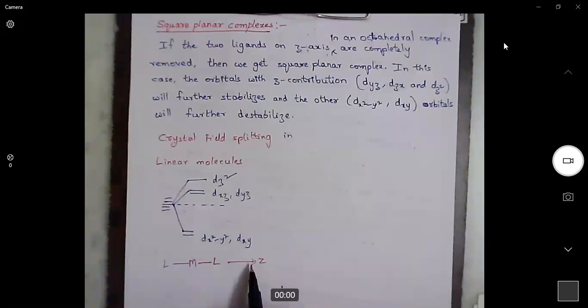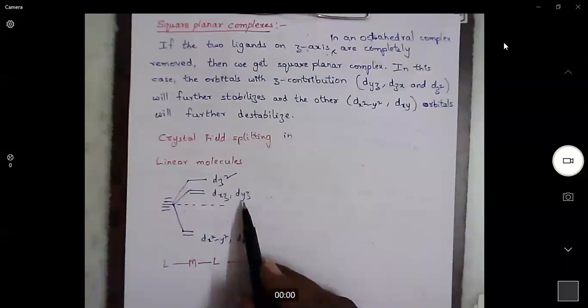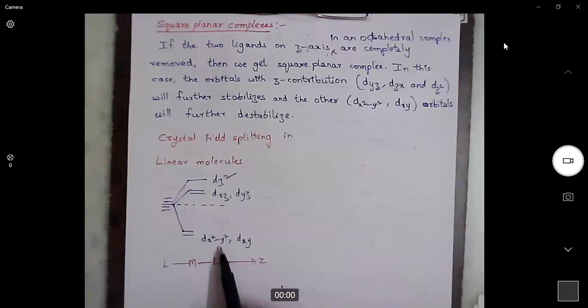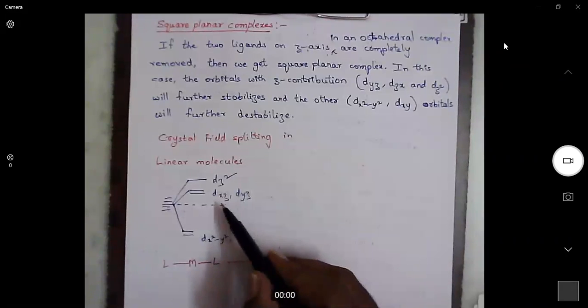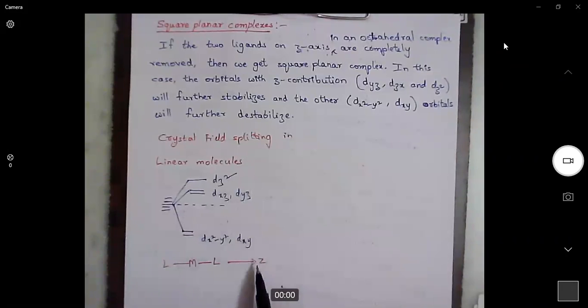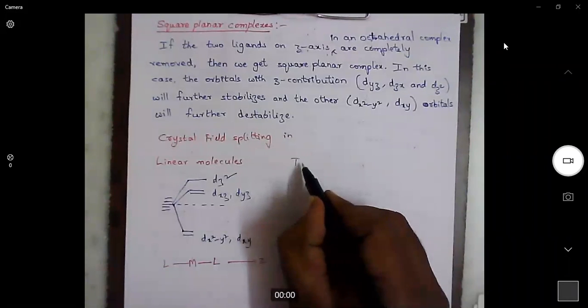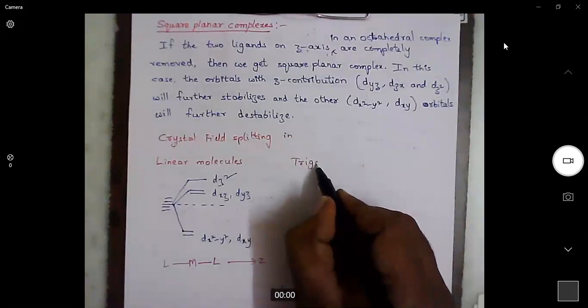Then orbitals with z contribution will be destabilized. Orbitals without z contribution will be stabilized. Among these two also, dz square is highly destabilized. So this is how we can predict crystal field splitting for other molecules.